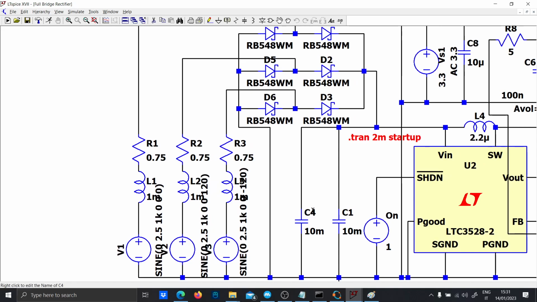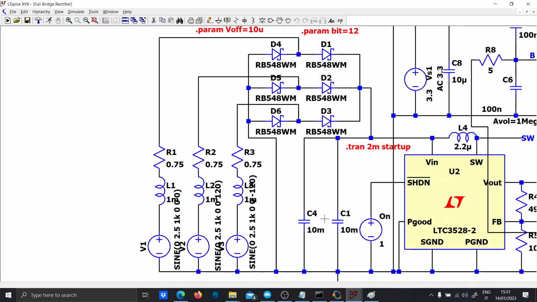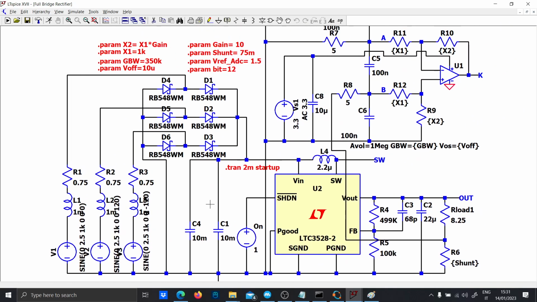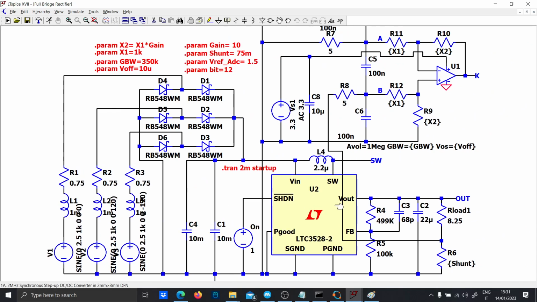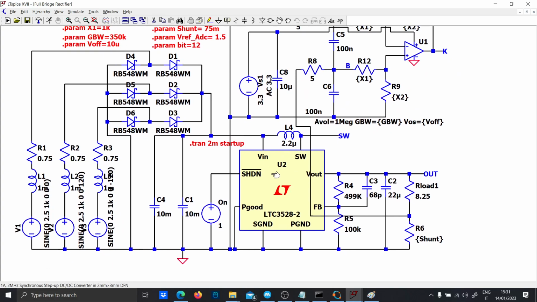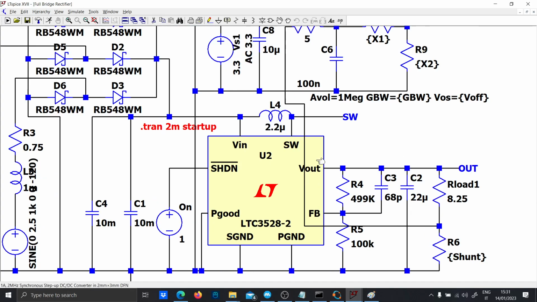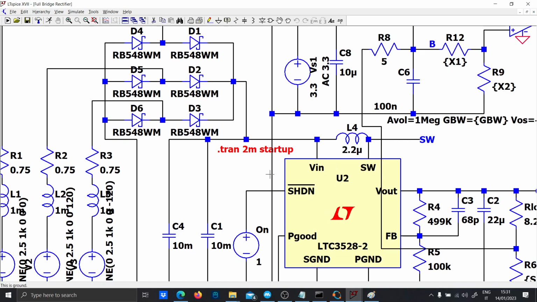There is just a bit less capacitance, and as I suggested before, there is a DC-DC regulator. In this case, it is a step up, and what it's going to do is boost the output voltage to 3.3 volts, so that you can use this voltage to do whatever you need.